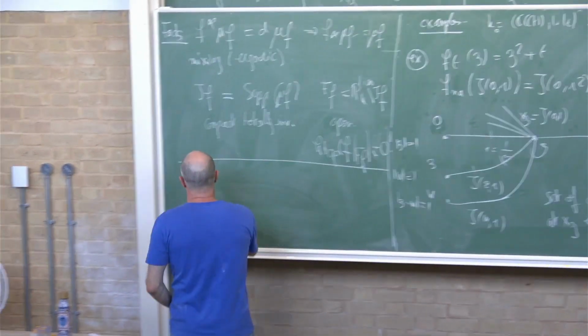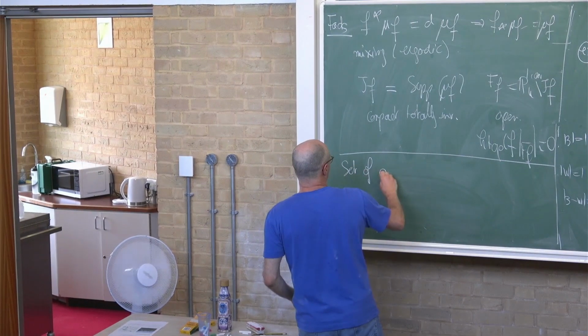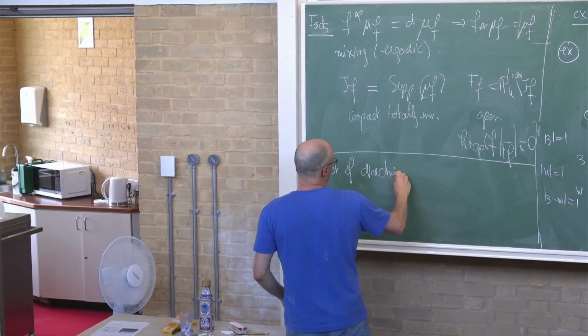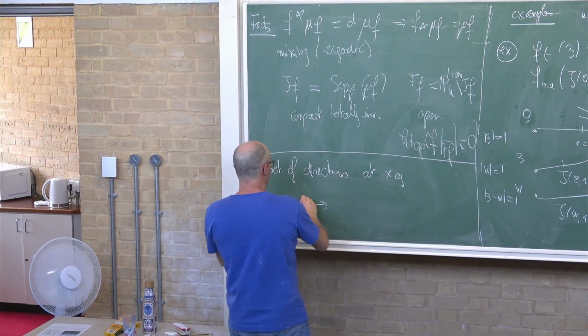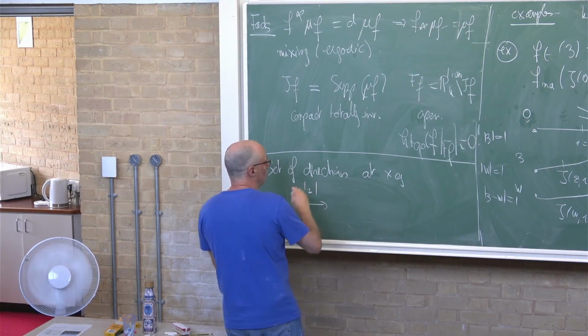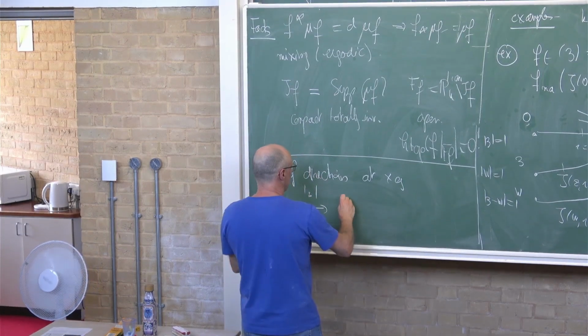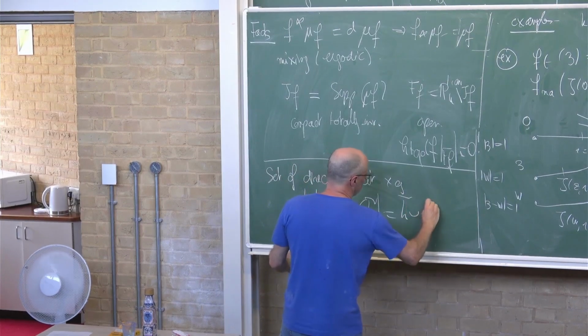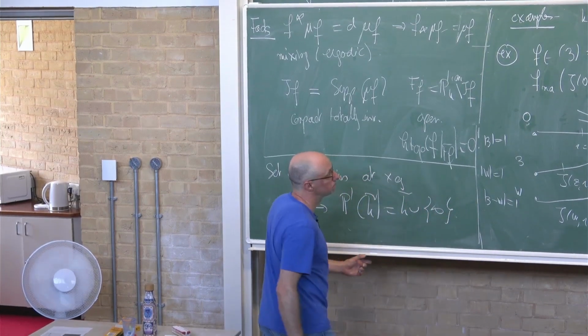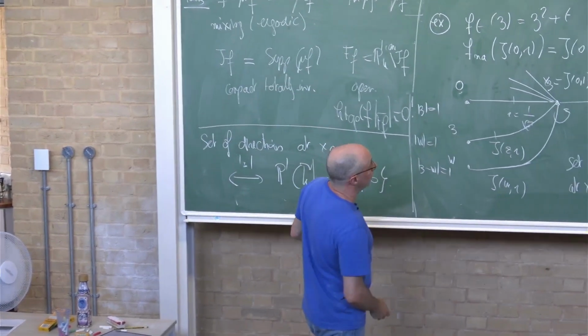Okay, so the set of directions at xg is in fact in almost canonical bijection with P1 of K tilde, which is K tilde union infinity. Okay, fine.